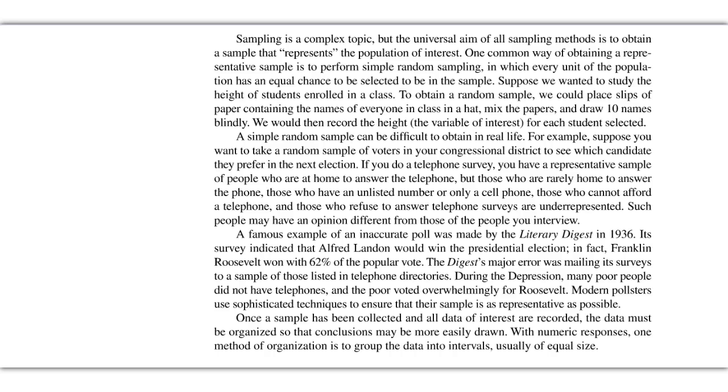And in your textbook, they talk about some of the difficulties in getting a proper sample that represents the population of interest. They go on to talk about, well, who do you get when you sample something? If you are calling people on a phone, then in order to get their opinion, they have to have a phone.